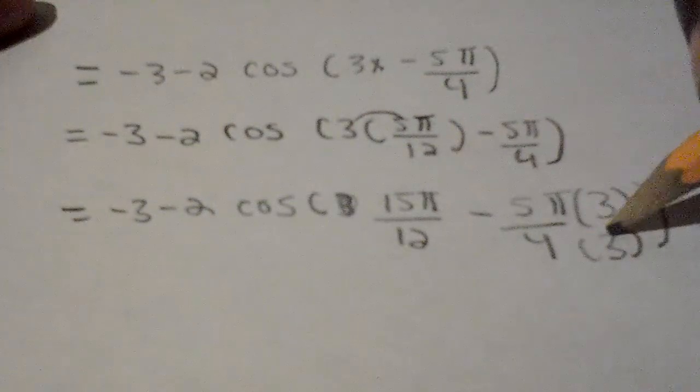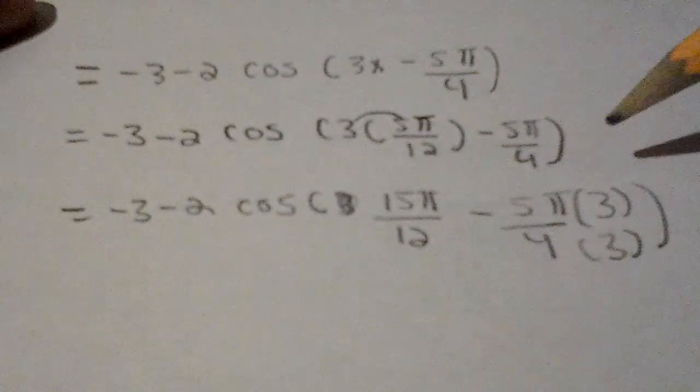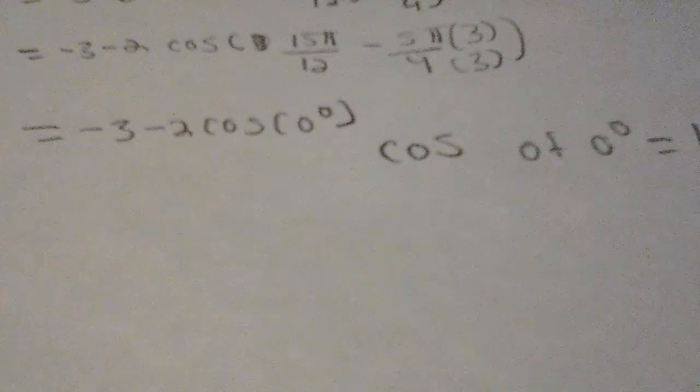Find a common denominator, which is 3. 3 times 5 gives me 15. Next, I'll do, writing it over again, 0. The cosine of 0 equals 1.